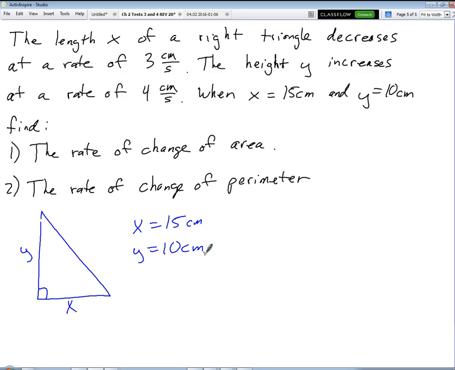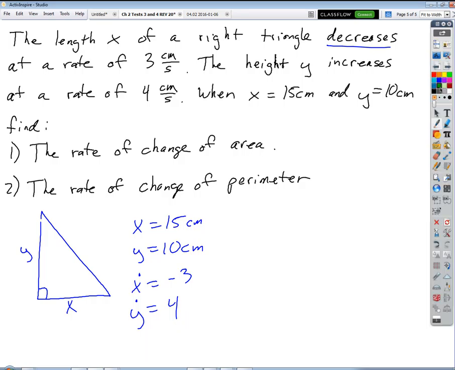So how would I say that? x dot. x is changing at a rate of -3, right? Because it's decreasing. It's getting smaller, right? Make sense? Okay, and then y dot is 4. +4. Good.